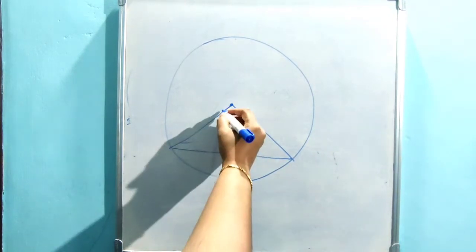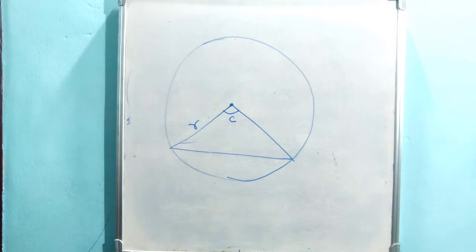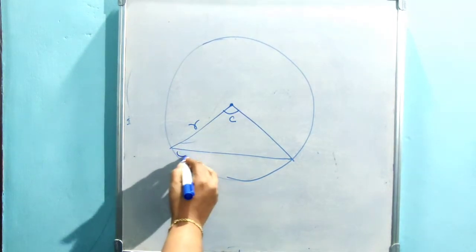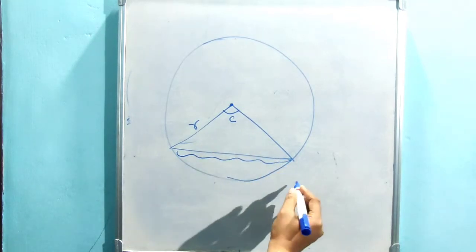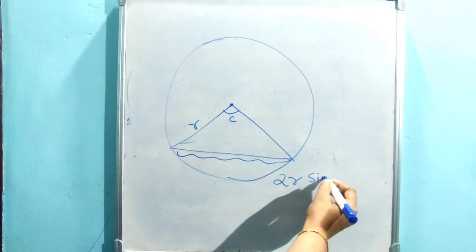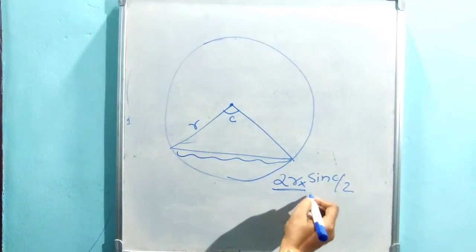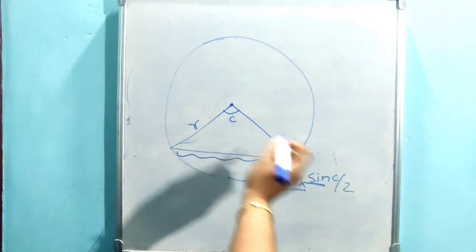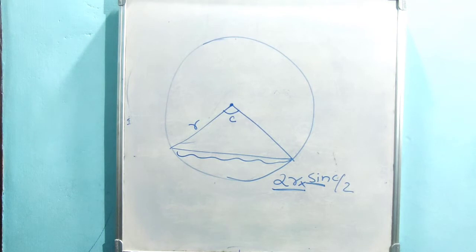That is, if the central angle is C and the radius of the circle is R, then the length of this chord is equal to 2R sine C by 2, that is 2 times the radius into sine of half of the central angle. We discussed this result, right?